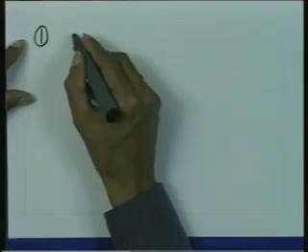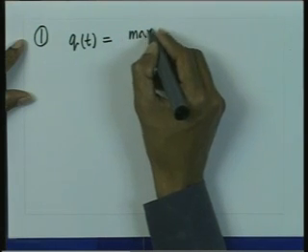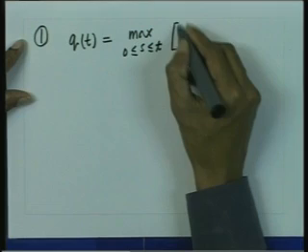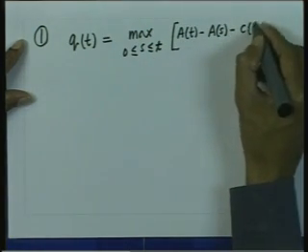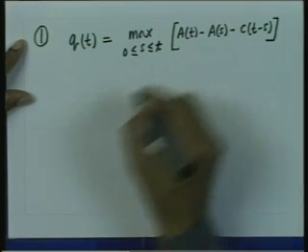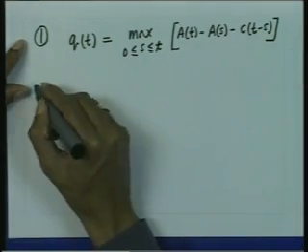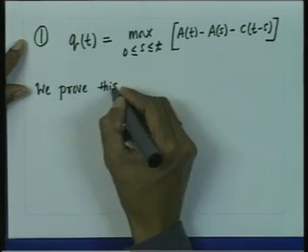Let us first prove the first result, that Qt is given by the max over s from 0 to t of At minus As minus C into (t minus s). We prove this result by induction.